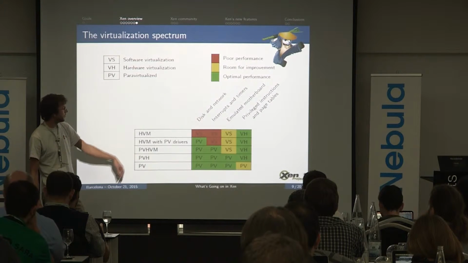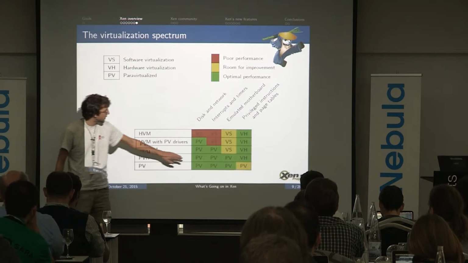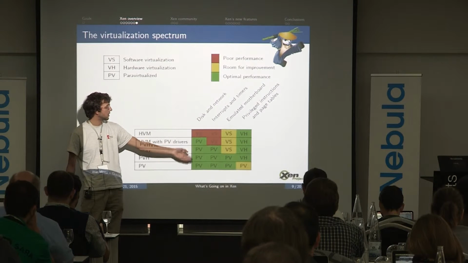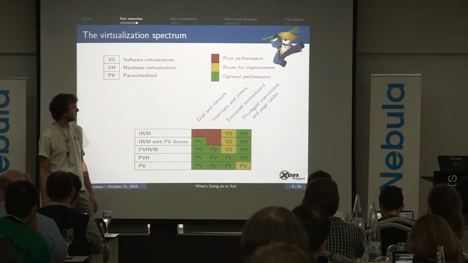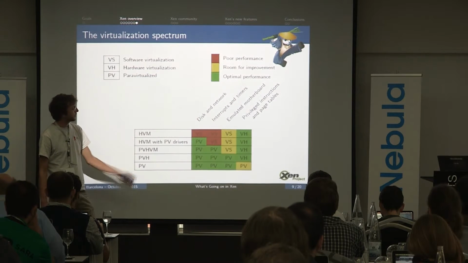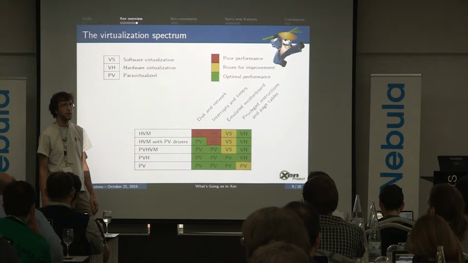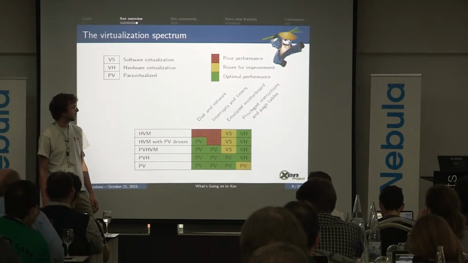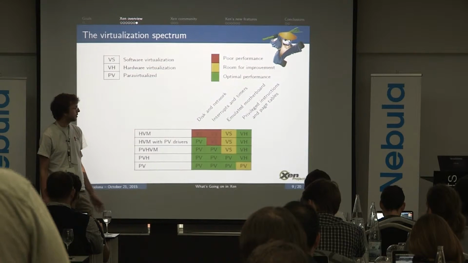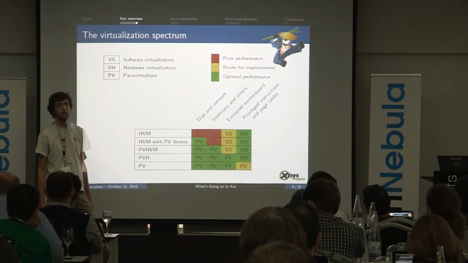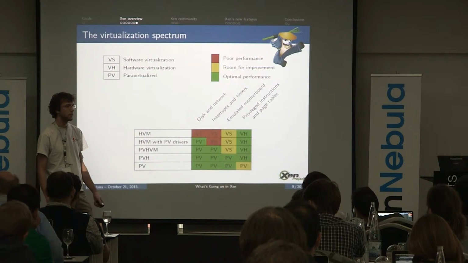PVH mainly uses PV interfaces for the disk and the network, and of course, for the timers. And then it uses hardware virtualization for the page tables and the privileged instructions. This allows us to get the best performance of all the different modes, and we expect that this mode is going to bring quite a lot of performance improvements to Xen.